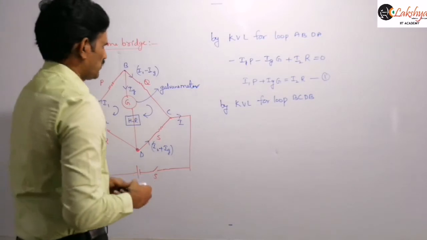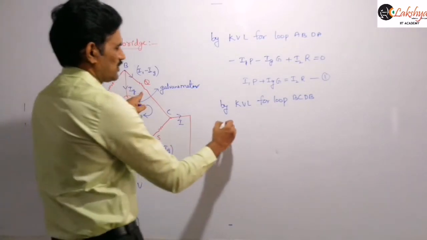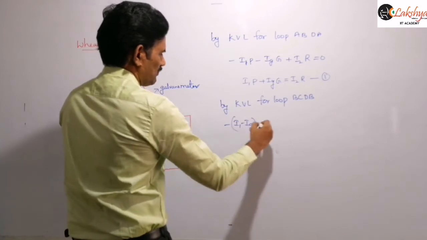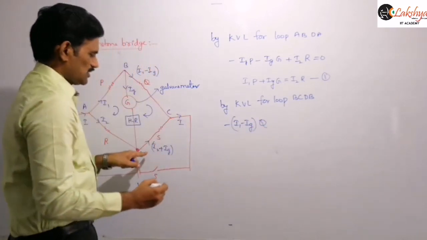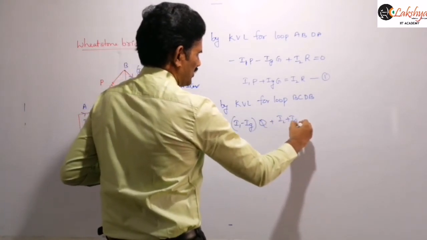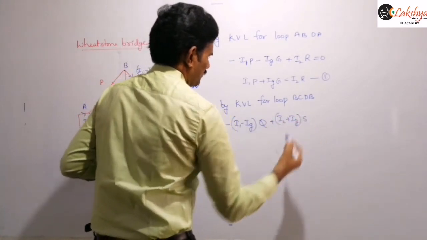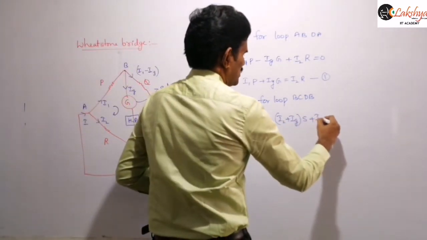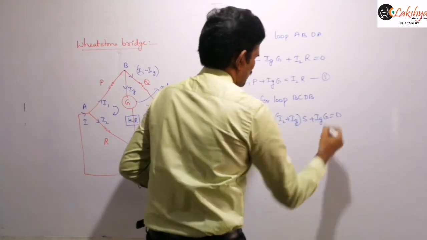Let us write the Kirchhoff law: minus I1 minus I2 into G. Next here plus I2 plus Ig into S. Next we are traveling like this, plus Ig into G is equal to 0.